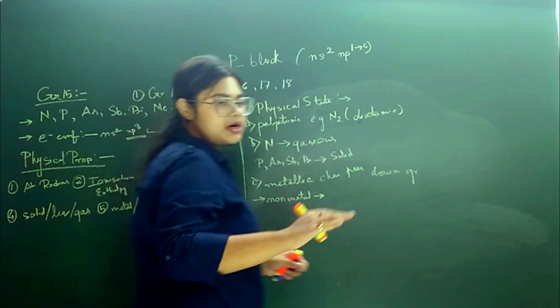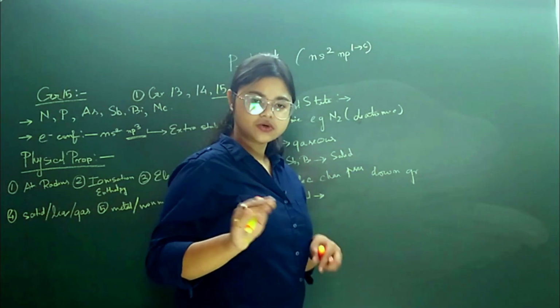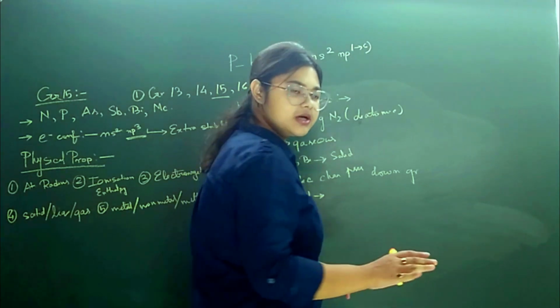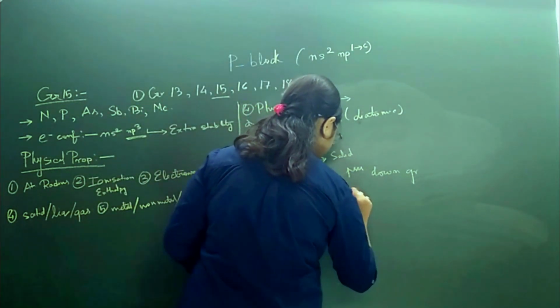As at the upper part of the group the elements are less metallic, they are considered non-metal elements. These non-metal elements are nitrogen and phosphorus.